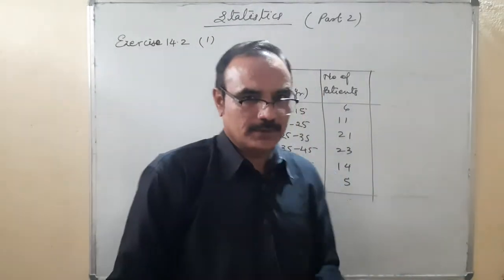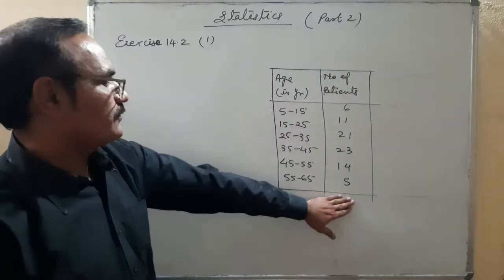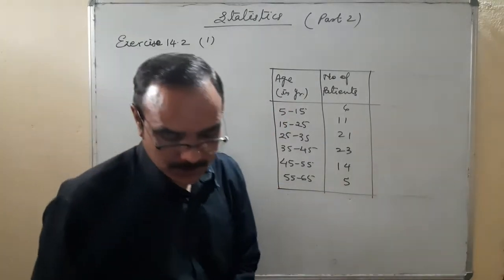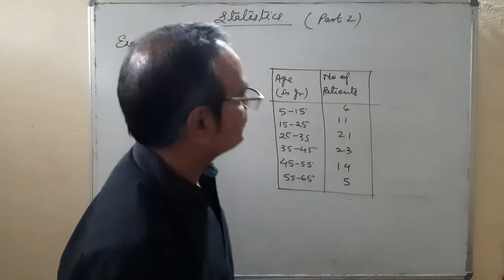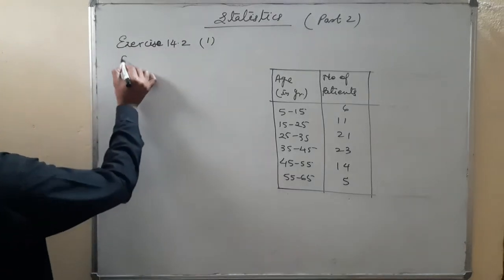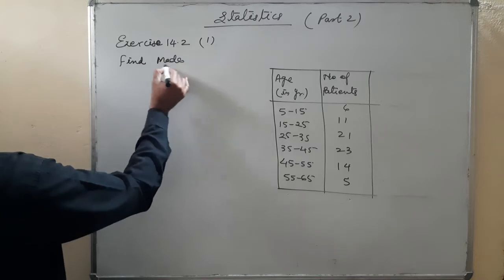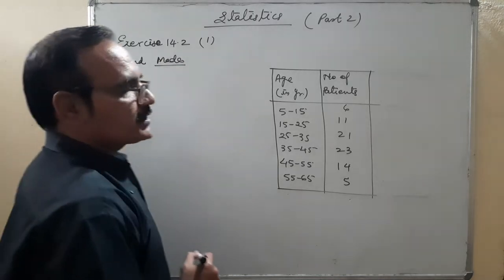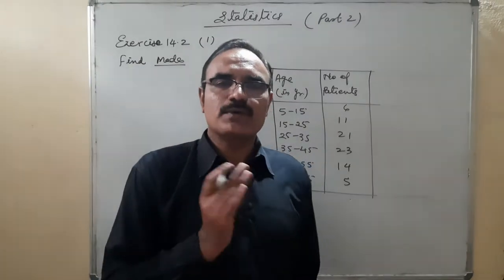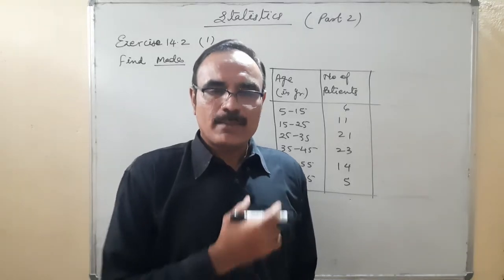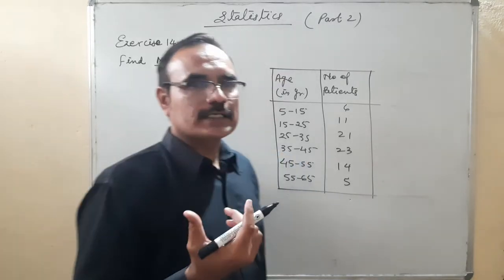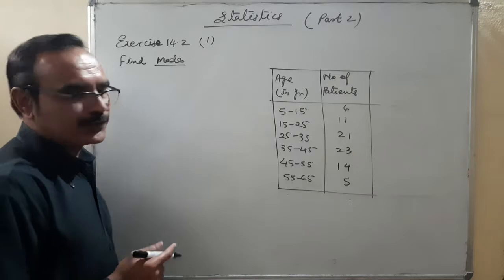Now let us see the question. We are to find the mode. What is mode? The definition of mode is the number which is coming the maximum number of times. But here we have a class interval, so for the class interval we have a formula for finding the mode.